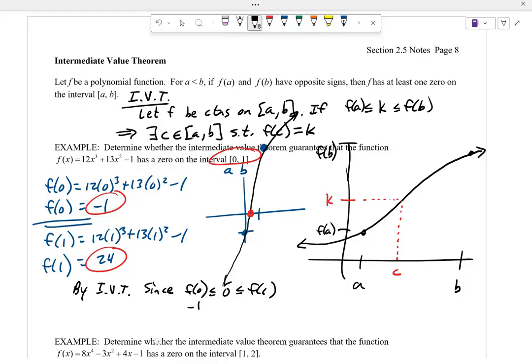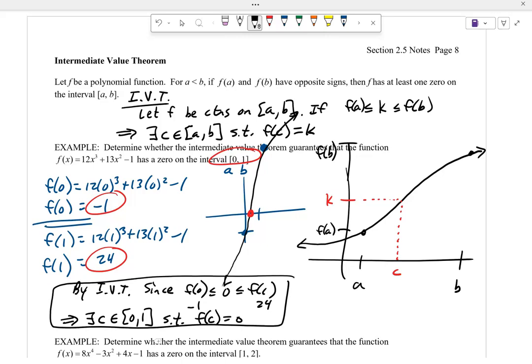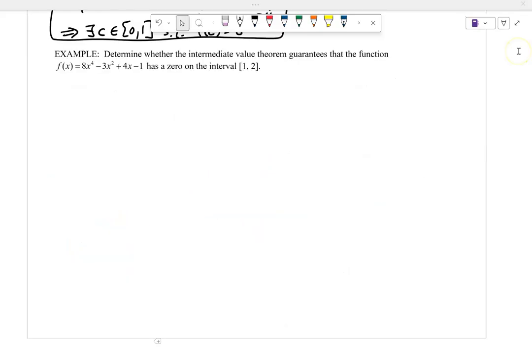This was a negative 1, that's a positive 24. Then there must be some c in between 0 and 1 such that f of c equals 0. I've guaranteed it. So that's a formal proof there if you want to guarantee the existence by the intermediate value theorem.